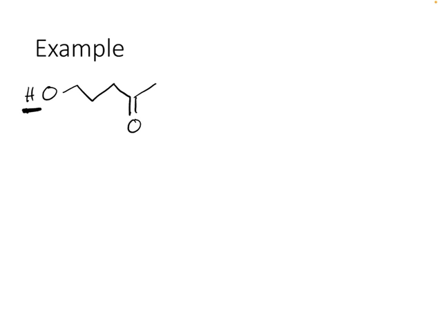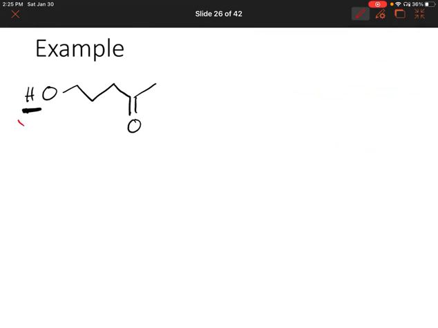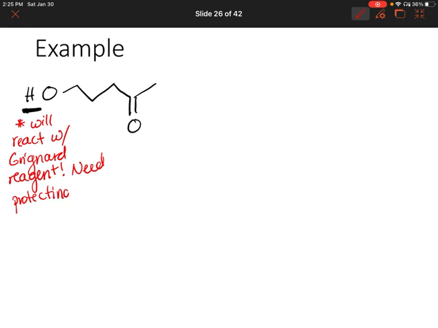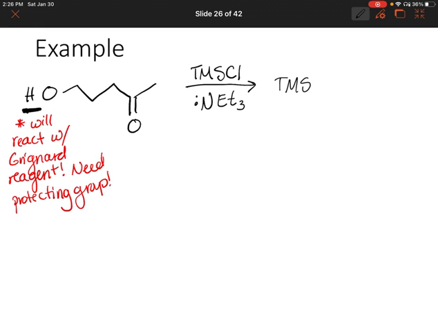So we're going to add a protecting group. So first we're going to add our trimethylsilane along with the triethylamine, which will deprotonate the oxygen. And then that will give us our protecting group. So you can write that as TMSO.